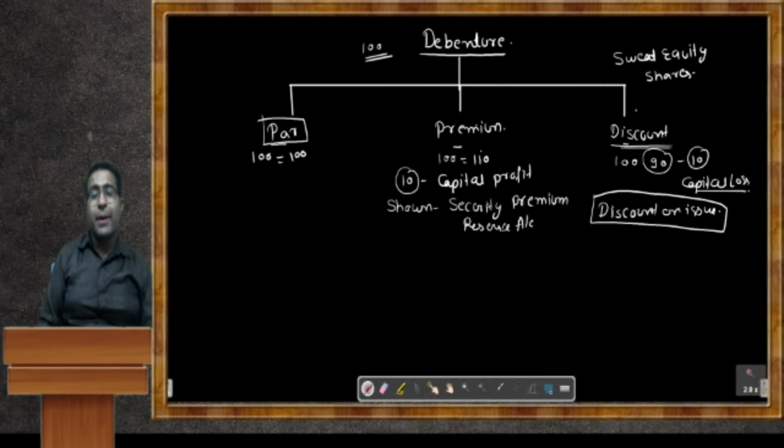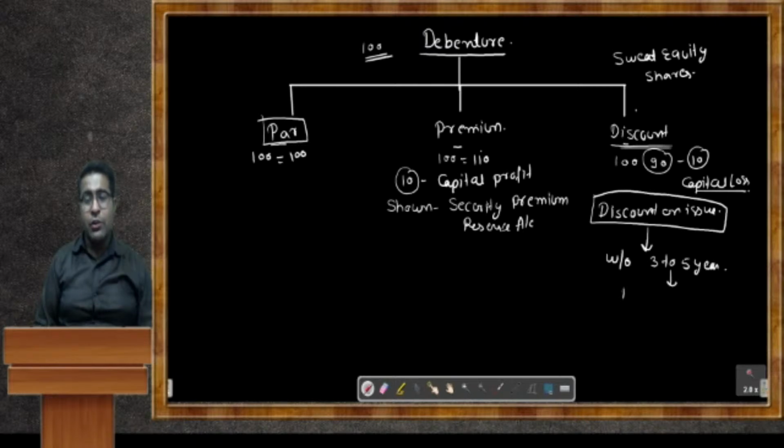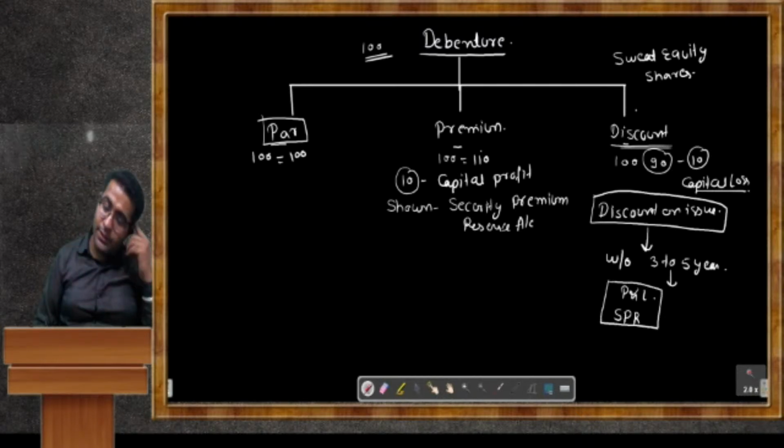This discount is a capital loss, so it needs to be written off within 3 to 5 years, either from the normal profit and loss or from the securities premium reserve.